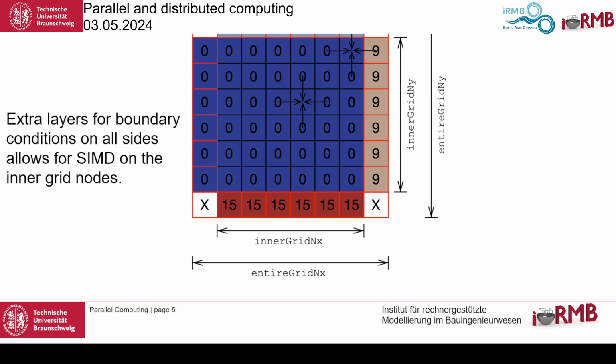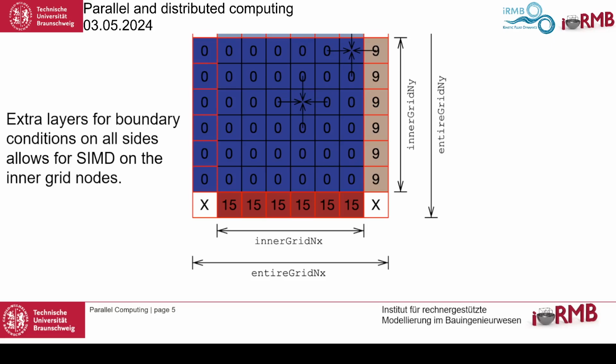Neumann boundary conditions would be more complicated to implement. So we'll do it very, very simple and just use Dirichlet boundary conditions. And Dirichlet boundary conditions can be implemented just by extending our domain with what we call a ghost layer.